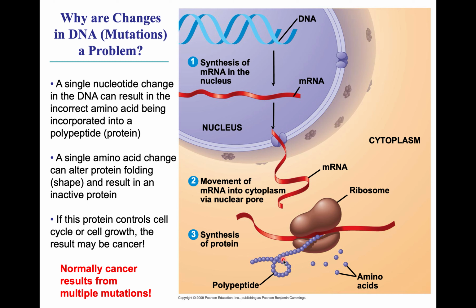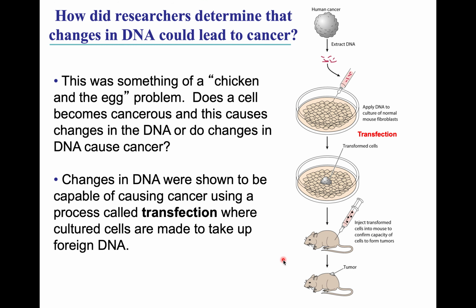So basically, if we mutate the DNA, we're either changing or potentially inactivating specific proteins in the cell. So that's really one of those hallmarks of cancers, is we have typically mutated multiple genes, changed multiple proteins.